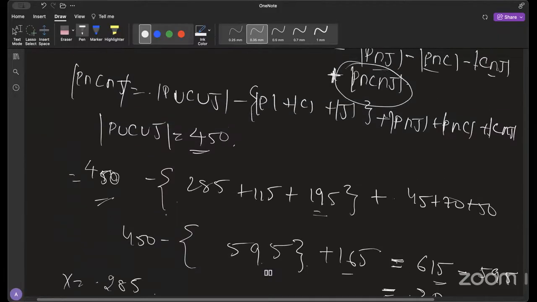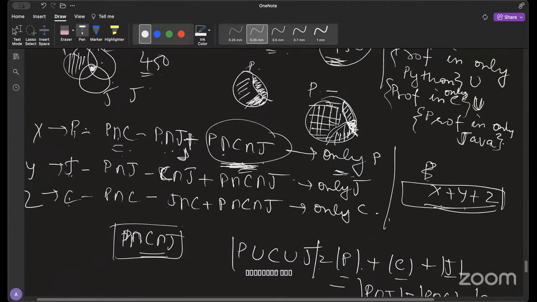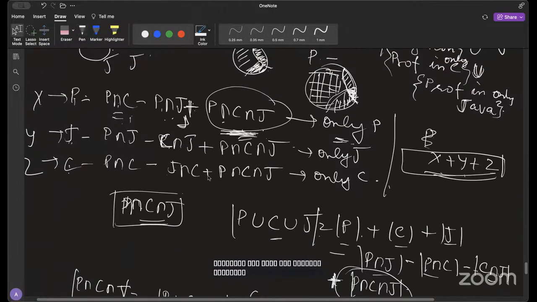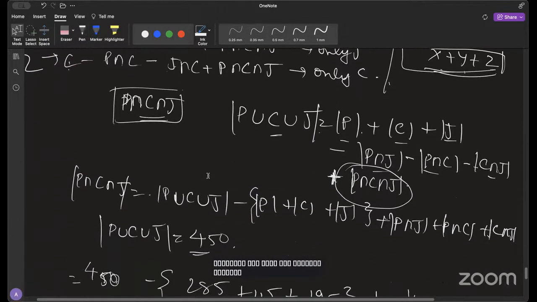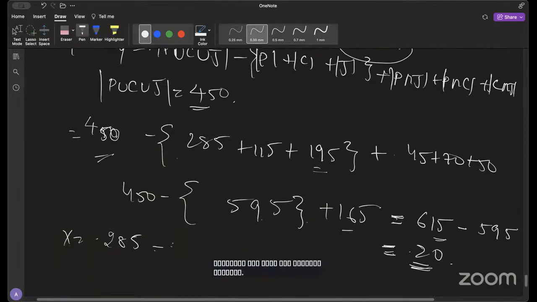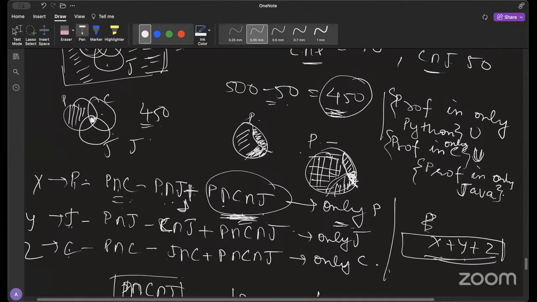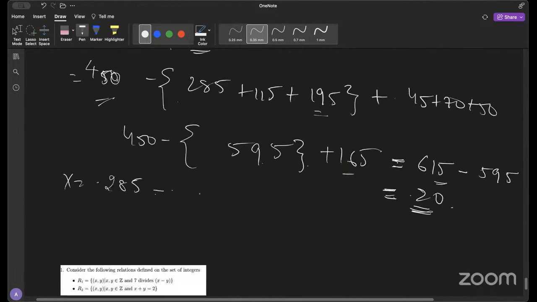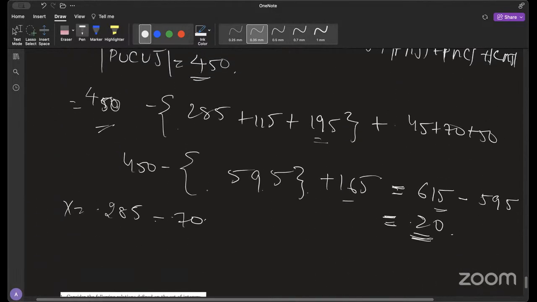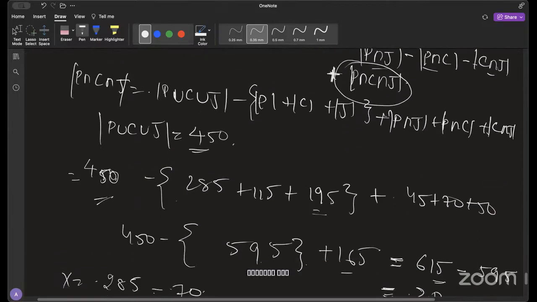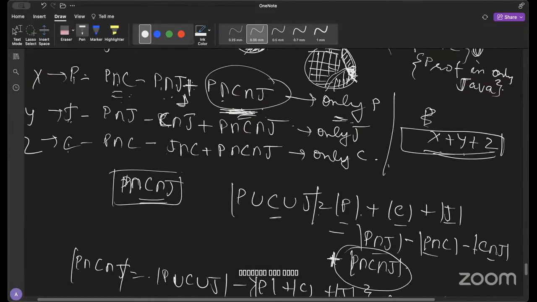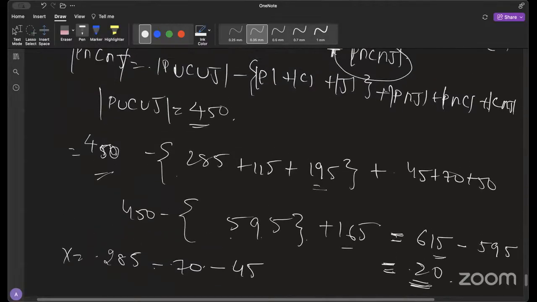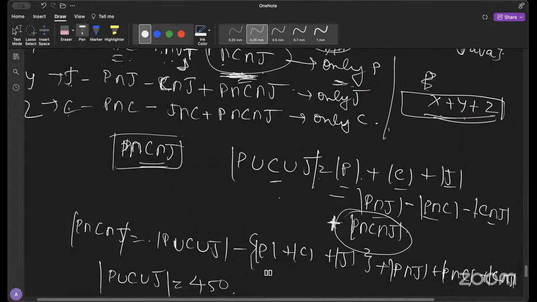Can someone dictate the values of P intersection C and all of that so that it's quicker? 70, ma'am. Then P into J, 45. Minus 20.